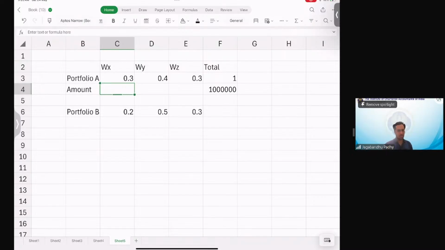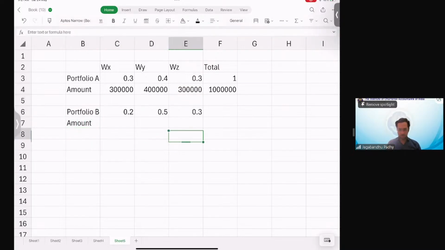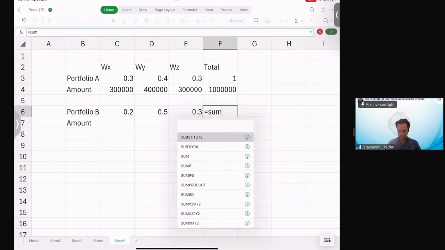What will be the amount of investment in X, Y, and Z? It is 3 lakh, 4 lakh, and 3 lakh.